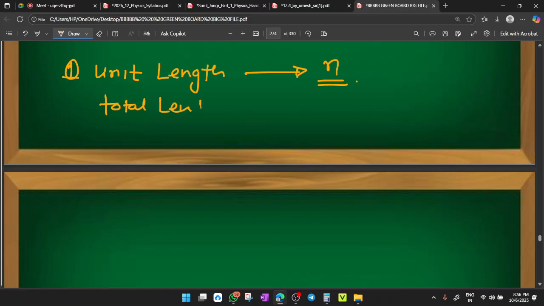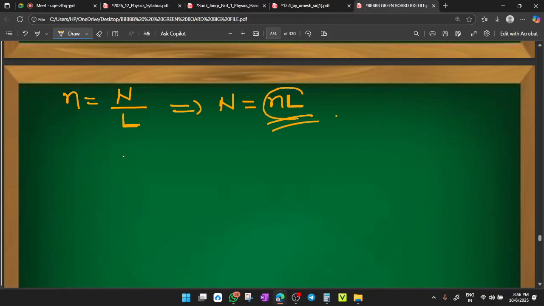In the total length L, how many turns will there be? n into L. Otherwise, small n is taken as capital N divided by L. So the total number of turns equals small n into L. Understood or not?